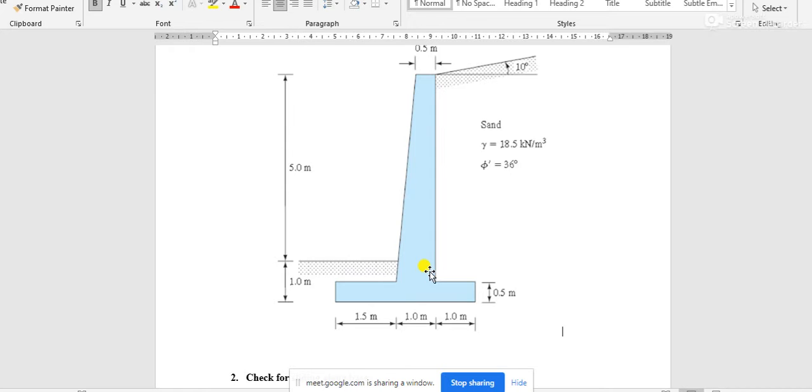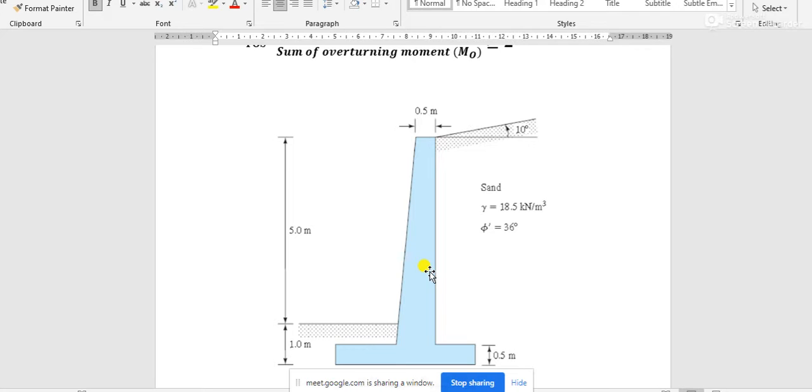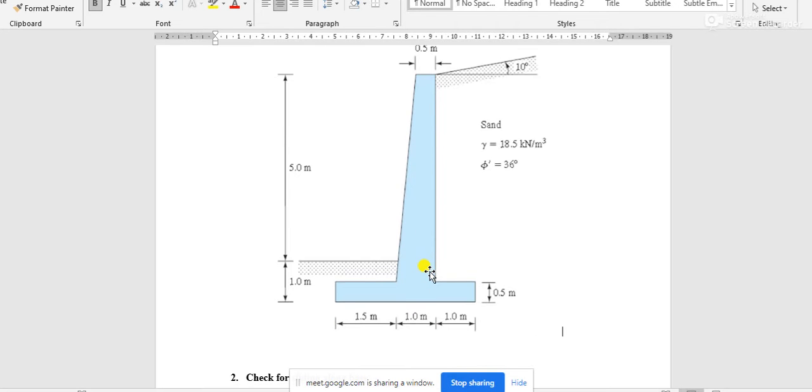But after that you have to calculate the moment. In that case of calculating the moments, you will face some problem. That's why this trapezoidal section you can divide into one rectangle and one triangle, because we know where the CG is in the triangle and where the CG is in the rectangle.